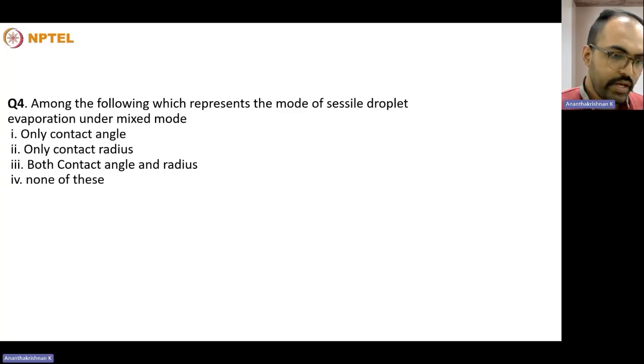Before going into it, we need to understand what the droplet evaporation modes are. Droplet evaporation has three modes.